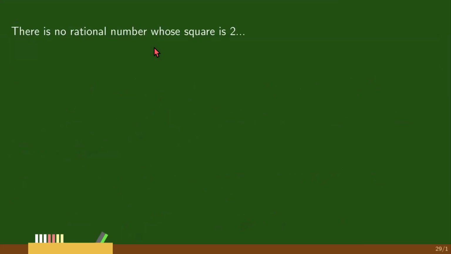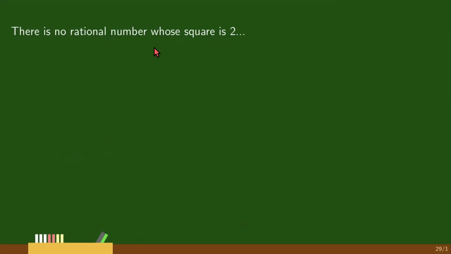Alam nyo, walang rational number ang may square na equal sa 2. Ito yung paulit-ulit na pinag-aaralan kahit sa elementary mathematics na walang rational number ang pwede magkaroon ng square na saktong 2.